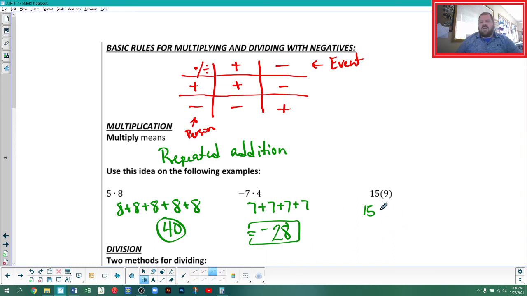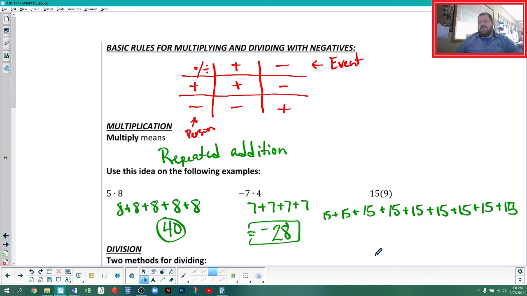Obviously, there is the vertical method of multiplication, and that works out for some people. The downfall to this one is I have to write 15 9 times. I think I'm at 5, 6, 7, oh geez, 7, and we'll add a couple over here, 8, and 9.